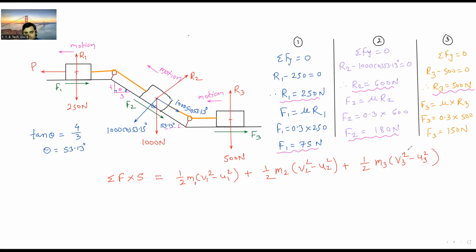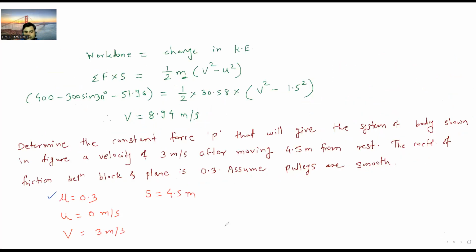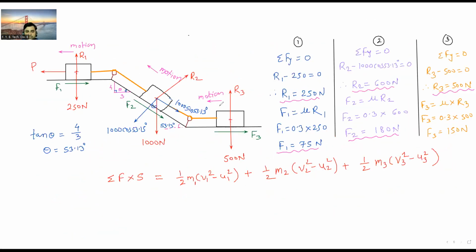Now after this, we need to put the values. Okay. So here you can see, what is u? U is 0. It starts from the rest. So all these blocks start from the rest. So I can write here u1 is equal to u2 is equal to u3, which is nothing but u, start from the rest, it is 0 meter per second.